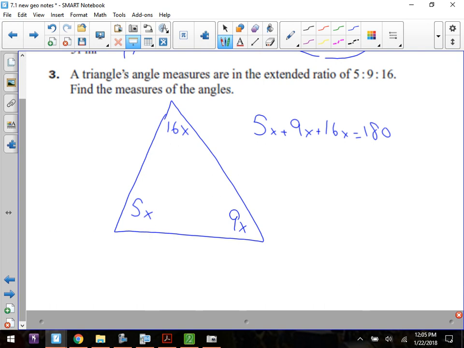So this is real tough. Pace yourself here. 5 plus 9 plus 16 is 30. I know I'm asking a lot here. Which means your value of x is going to be how much? 60.